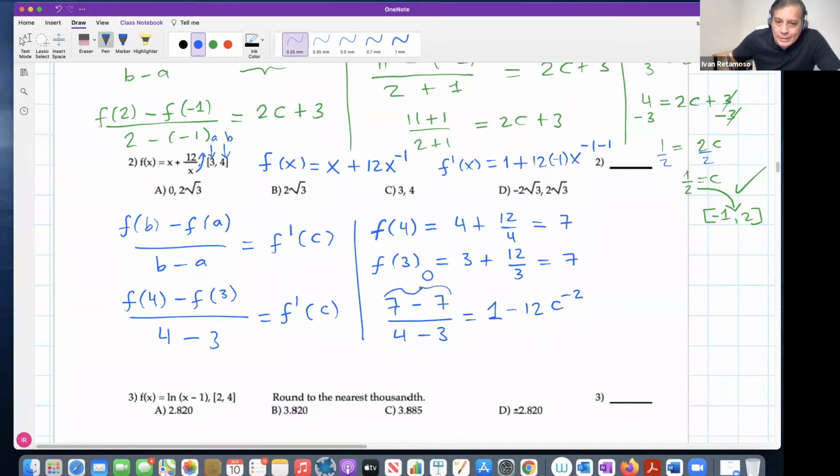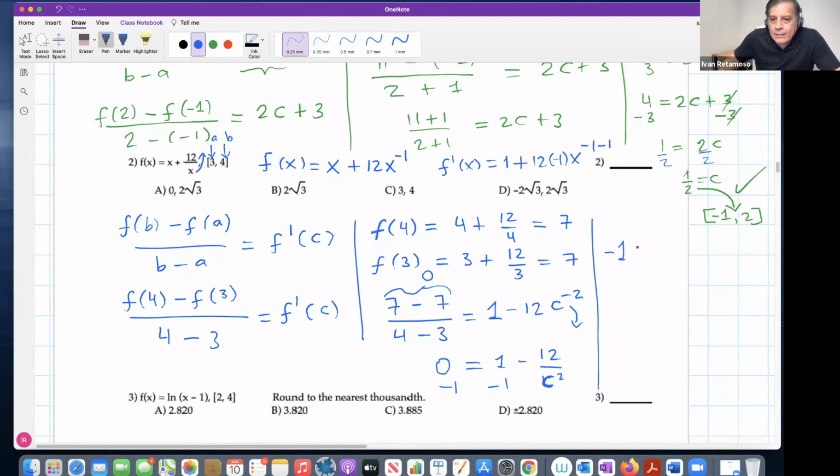Now, good news over here, 7 minus 7, 0, right? So this 0 divided by 1, the whole thing is 0. So the whole thing is 0 here. Over here, 1 minus 12 over c squared. Okay, c squared, with a positive exponent in the power, right? Now, subtract 1 on both sides.